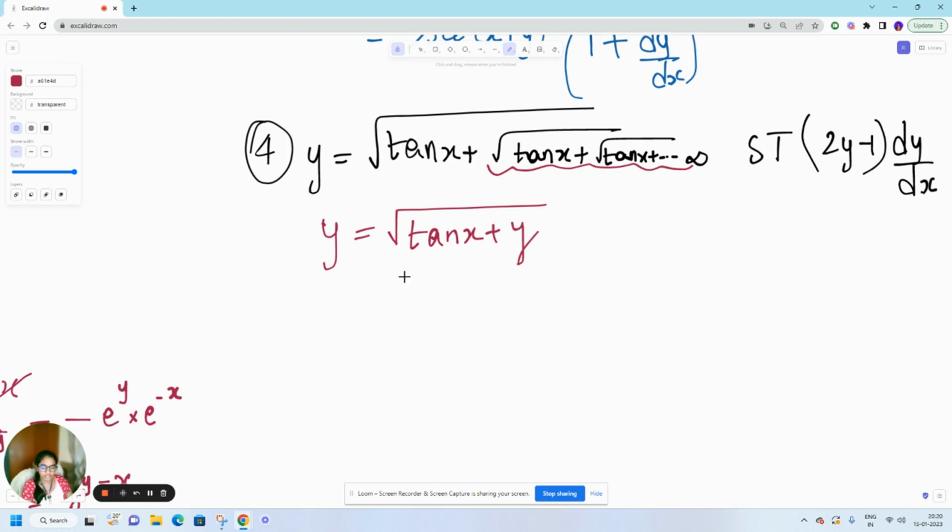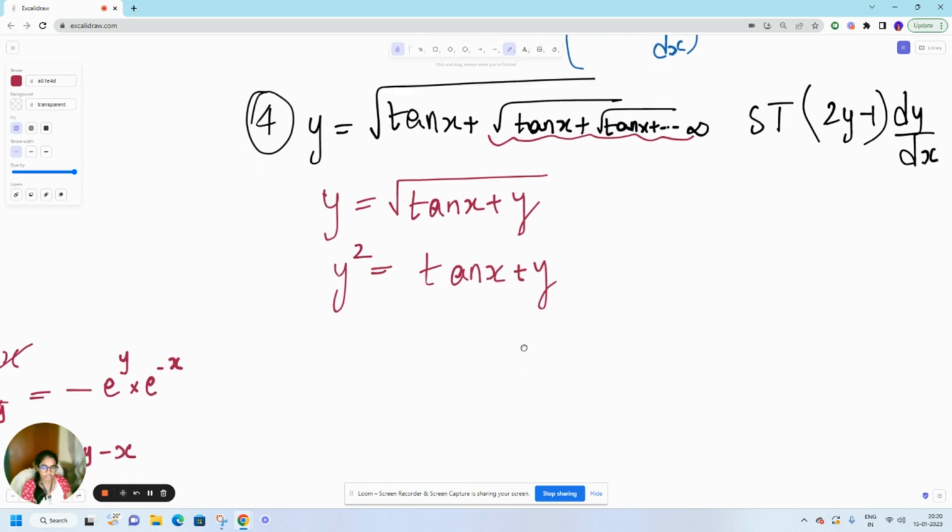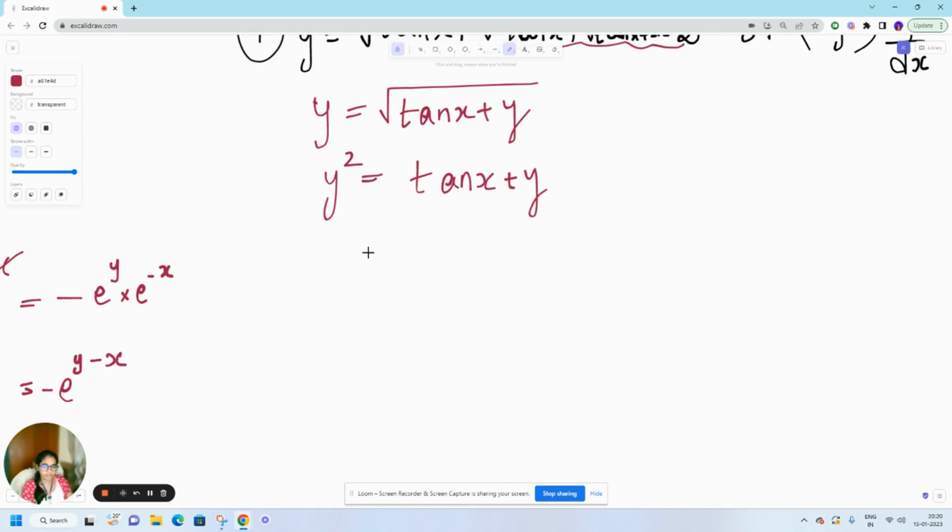Now what happens? Let me square on both the sides. You can even differentiate directly. You will get the same answer. If I square on both the sides, I would get something like this. What is the differentiation of this term? That is 2y dy/dx. This is equal to secant square x plus dy/dx.